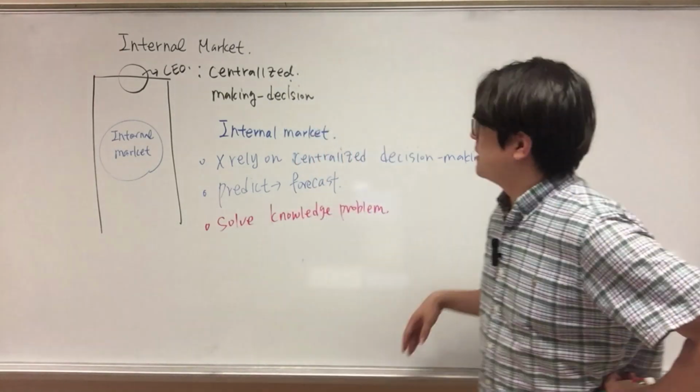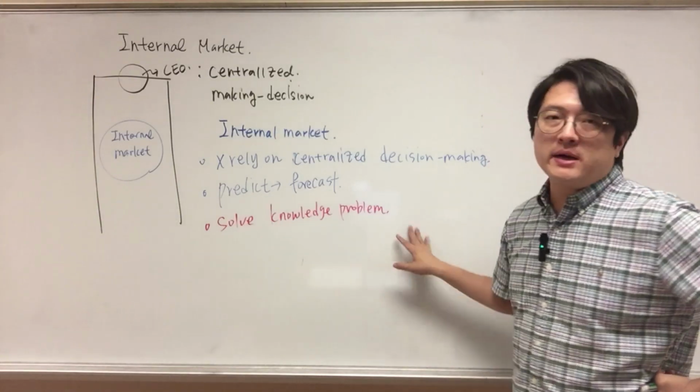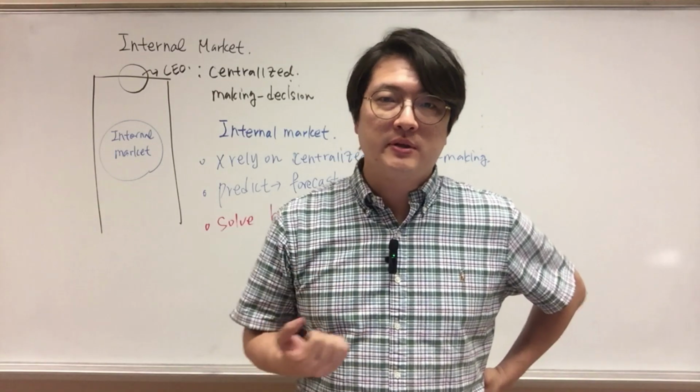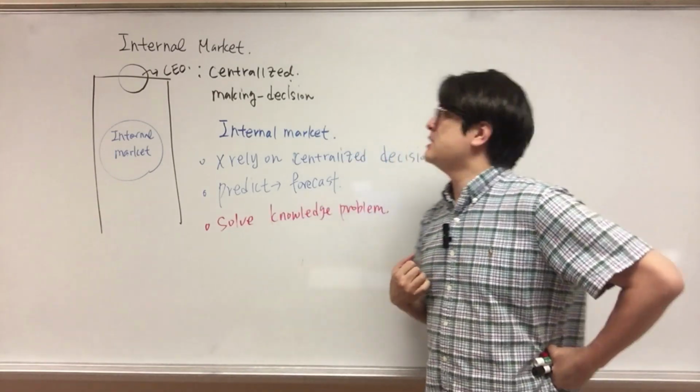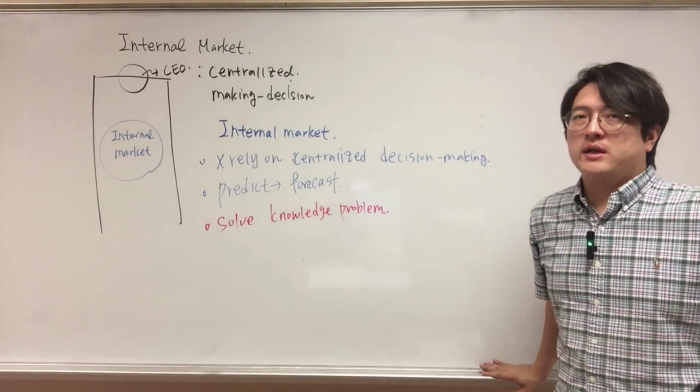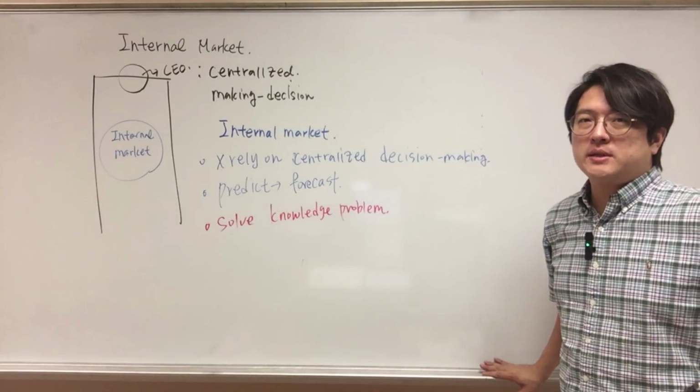So using an internal market leads to figuring out the demand for goods in the right place, right? So this is why Google is using an internal market. Okay, any questions about this?